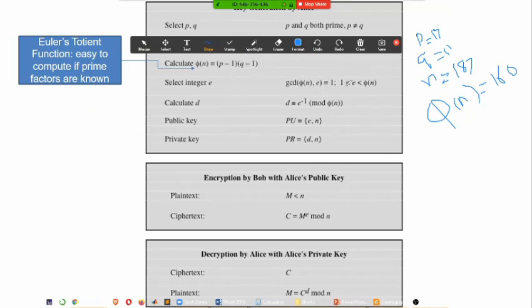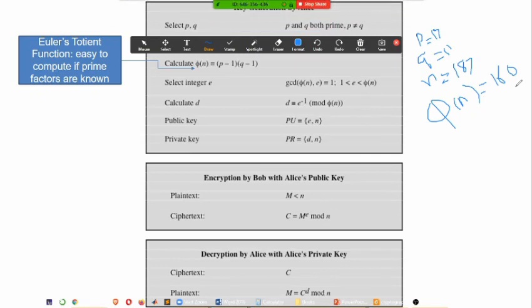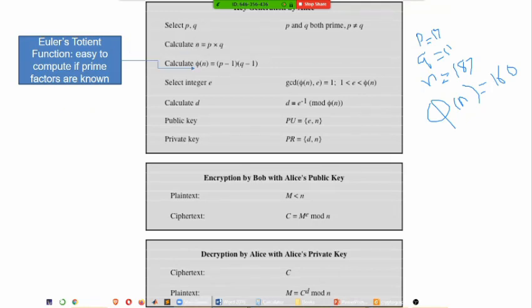Then her responsibility is just to go ahead and choose an E such that E is relatively prime to 160. Selecting an E relatively prime to 160 doesn't need much effort.